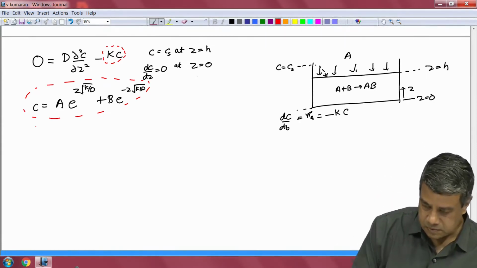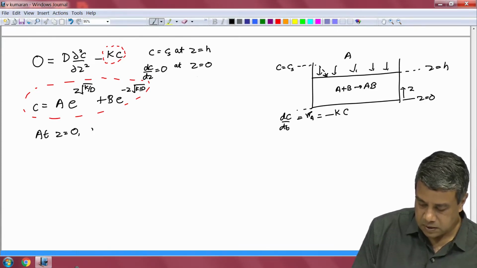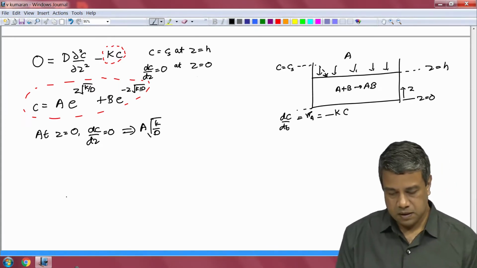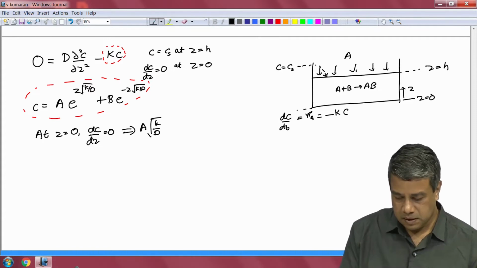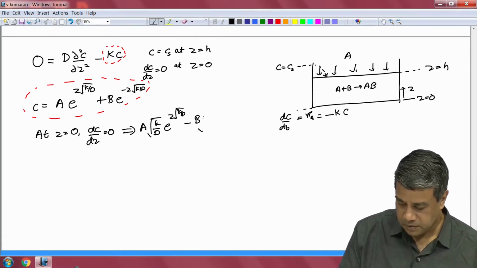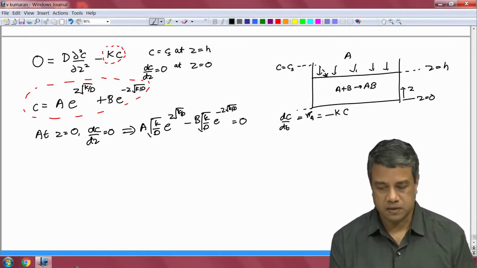At z is equal to 0, dC by dz is equal to 0, which implies that A root of k by D e power z root of k by D minus B root of k by D e power minus z root of k by D has to be equal to 0, just substituting.